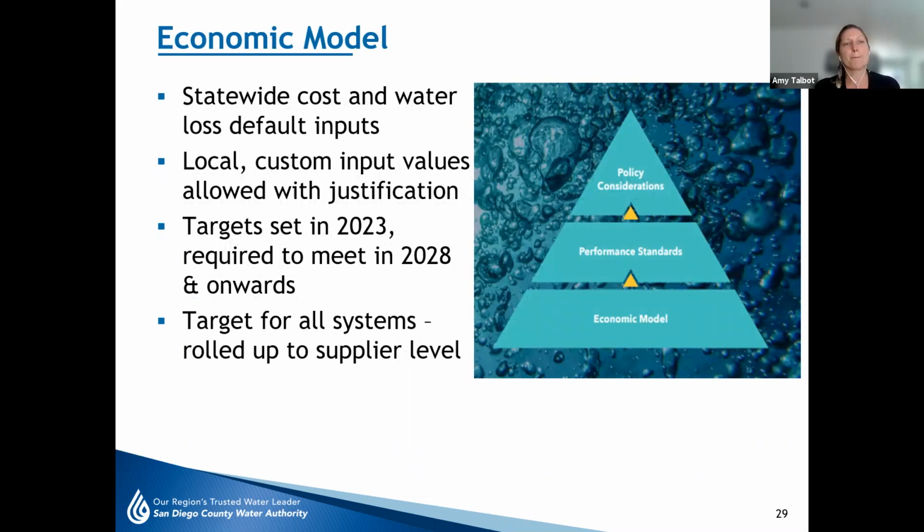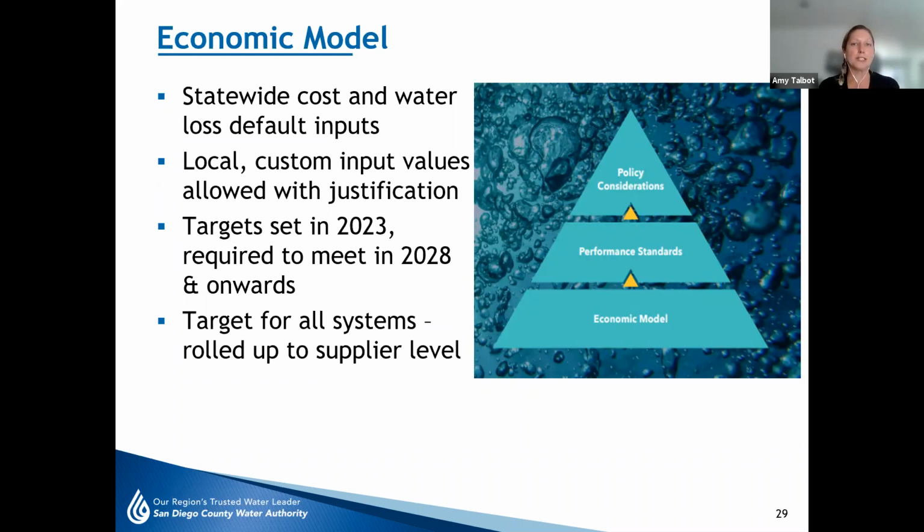So, what does all of that mean? Basically, there are statewide costs and water loss defaults that are put into the model that help calculate that benefit cost ratio, and then in the future, calculate your target. So the state has these default inputs.